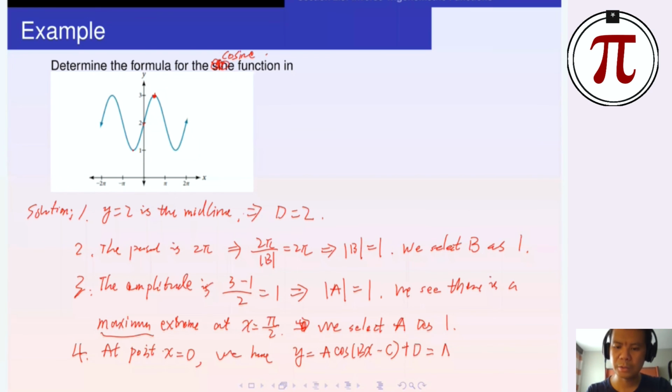A is 1, right? B is 1, but at point x equal to 0, so B times 0 is 0, right? Cosine of negative c plus d. D equals what? D equals 2. Yes.